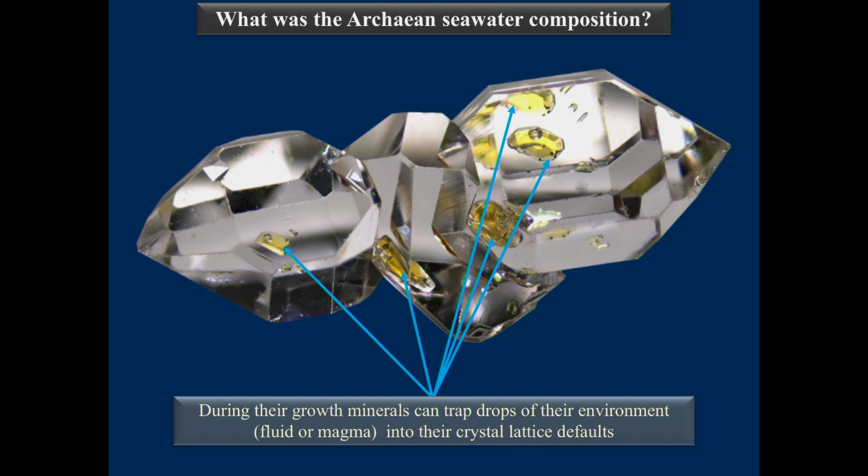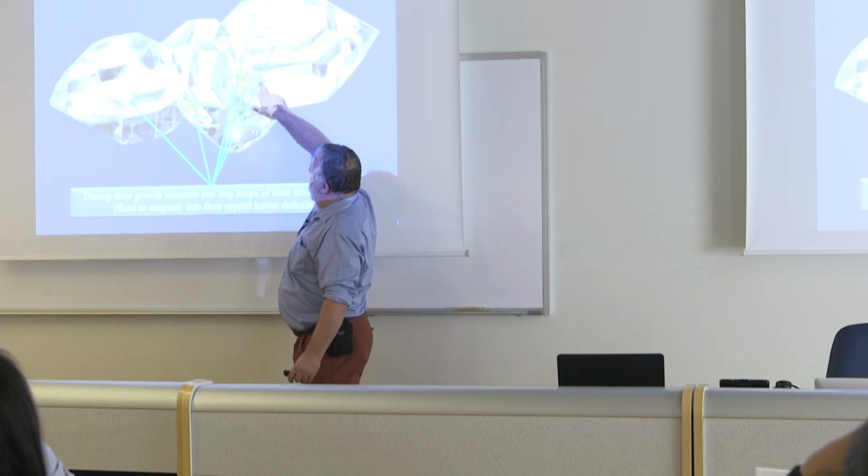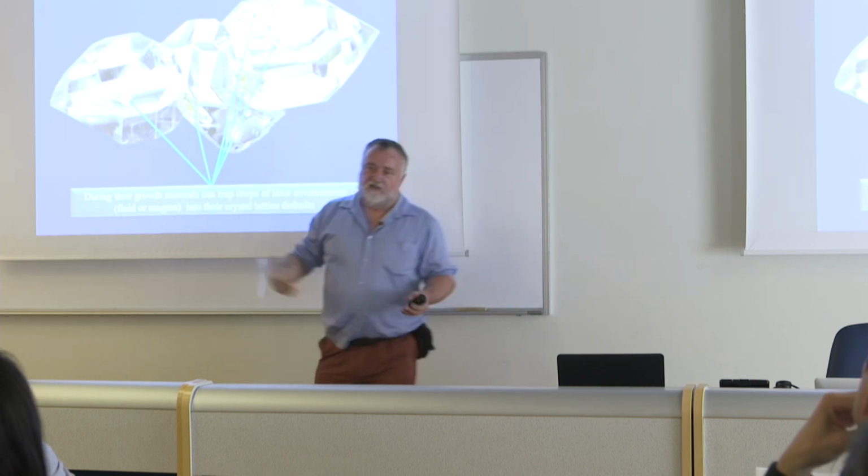I showed you in the previous talk that some minerals, just like zircon, can catch minerals crystallizing together with them in the same magma. Now, if we have a mineral crystallizing in water, in some kind of fluid, it can also, in some defect of the crystalline system, catch some water or some fluids.